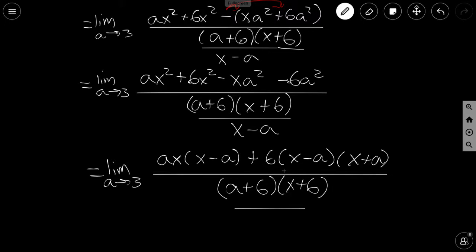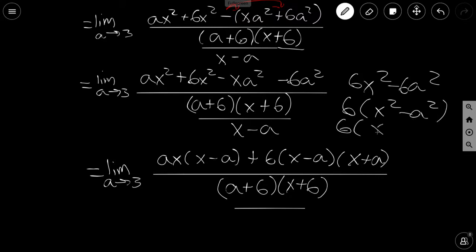And I also factored out a 6. So to get from that step to that step, since it looked like this, I factored out a 6, and then I got x minus a, x minus a. So that's how I got from here to there.